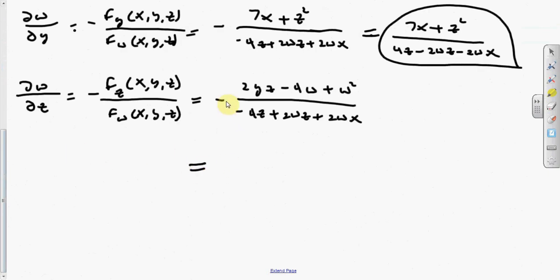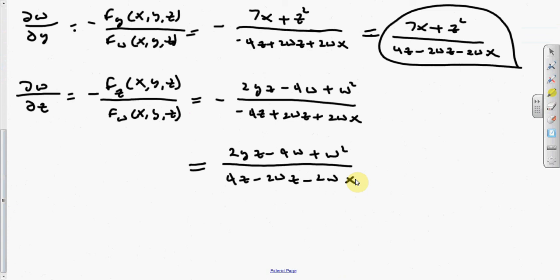And so, again, I'm going to factor out a negative from downstairs, and then negative divided by negative will go out. So this is 2yz minus 4w plus w squared all over 4z minus 2wz minus 2wx.